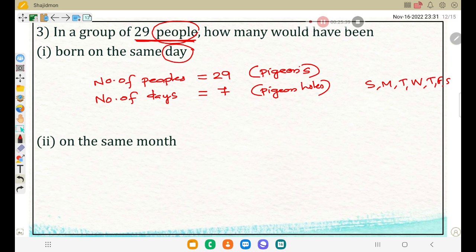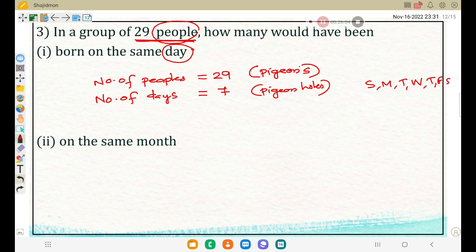So the number of pigeons is 29 people and the number of pigeonholes is 7. They are born either on Sunday, Monday, Tuesday, Wednesday, Thursday, Friday or Saturday. These are the options, one of the 7 days.